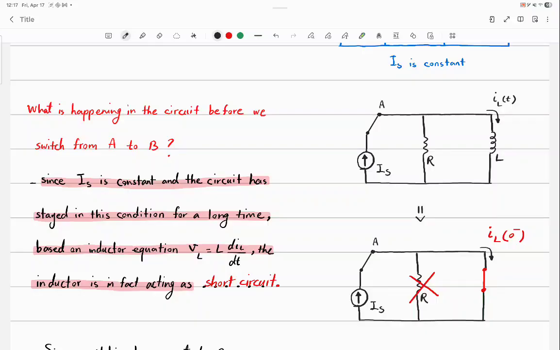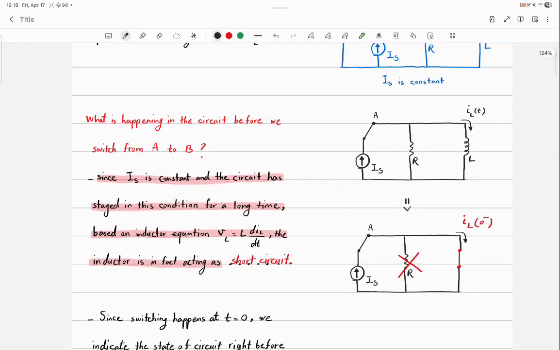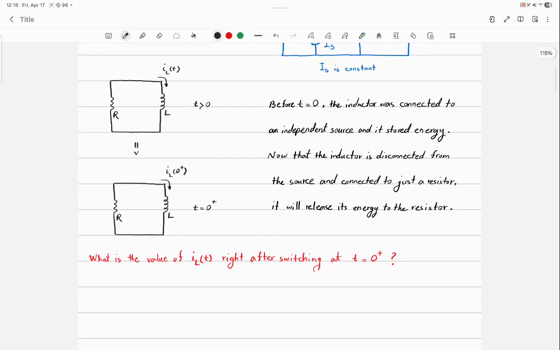After you disconnect the left part of the circuit, what happens to the current of the inductor? Can it drop to 0 instantly? That violates that boxed statement: the current of the inductor cannot change abruptly. Okay? So what can you say? At t equals 0 positive, what's the current passing through the inductor? IS. It cannot change, it should stay the same.